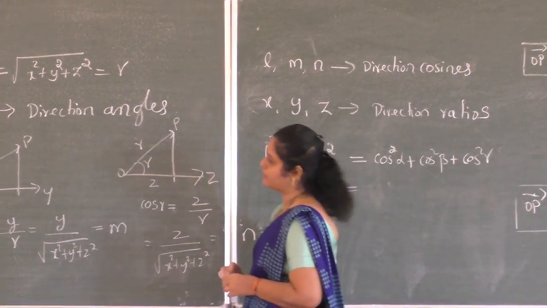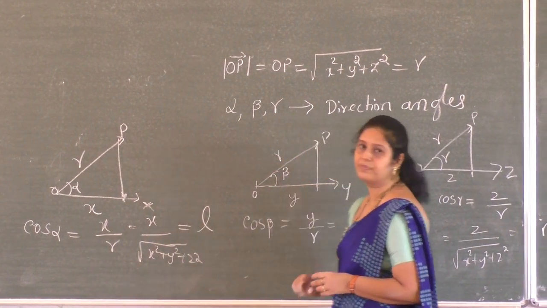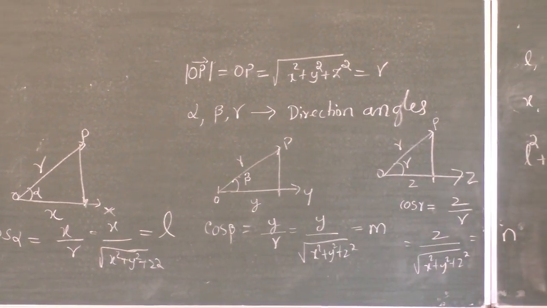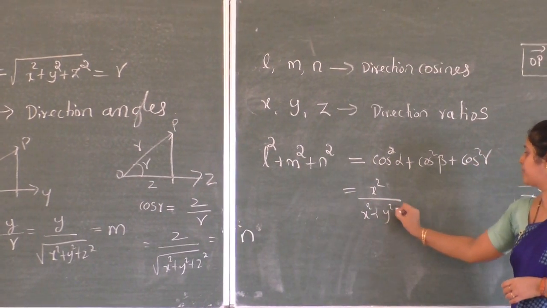What is cos square alpha? Squaring cos alpha, we get x square by x square plus y square plus z square in the denominator.